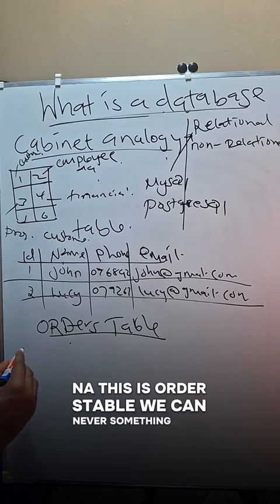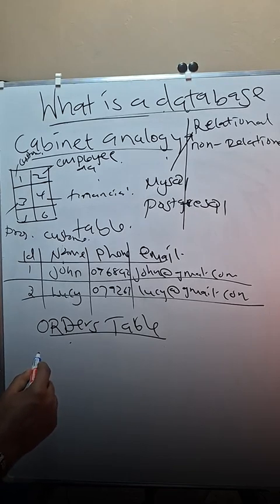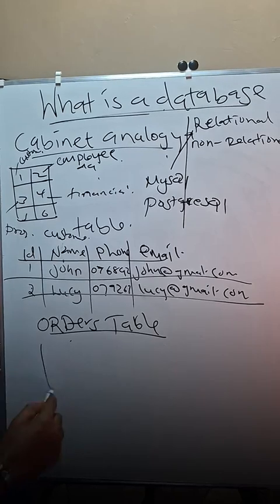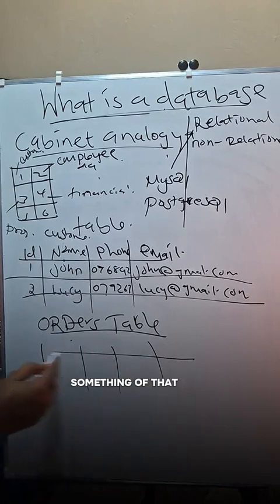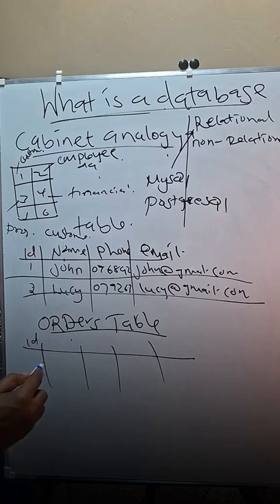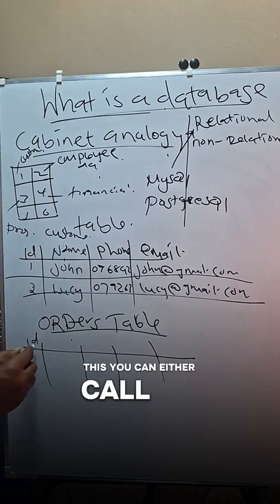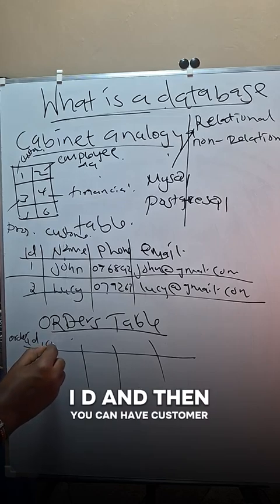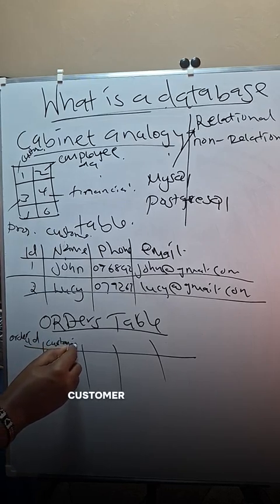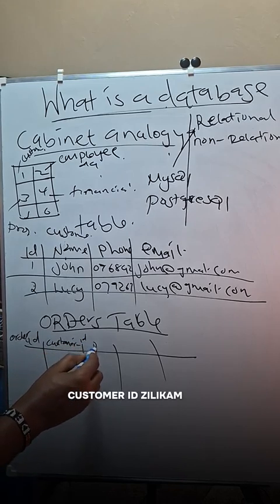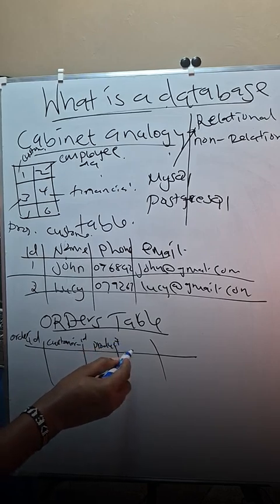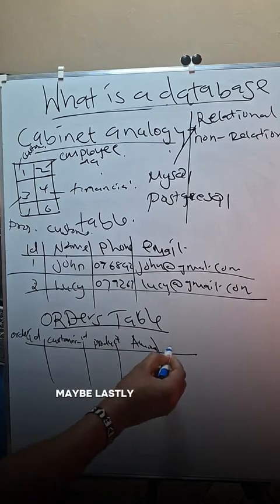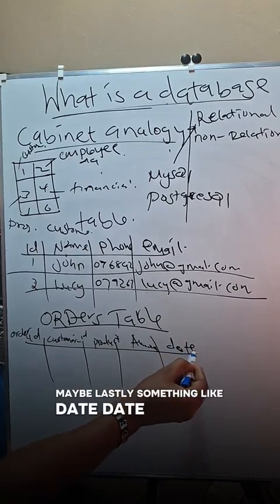We have an ID, which you can call either ID or order ID, and then you can have the customer ID, then the product, and lastly something like the date created.